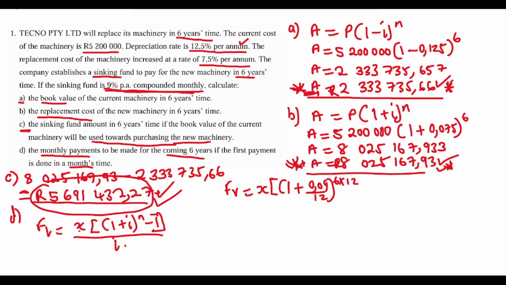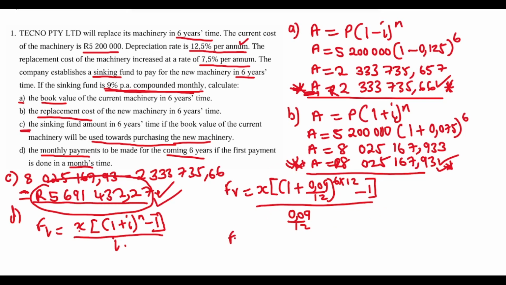How many payments? For 6 years every month, so it's 6 times 12, and then minus 1, all this over 0.09 over 12. We dealt with something like this before. We put this thing in the calculator as it is. Then what do you get?